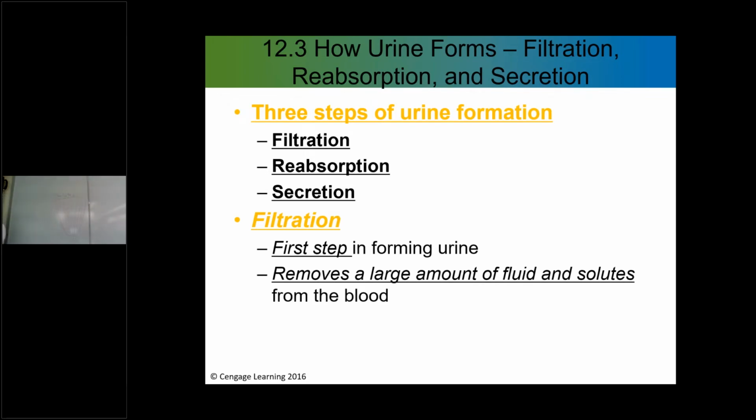So we're filtering the blood, reabsorbing nutrients and other particulate matter. But the big deal here, we're reabsorbing most of the water. You're reabsorbing most of the water. And you're secreting only a little bit, which is going to stay within those tubes and become the urine.